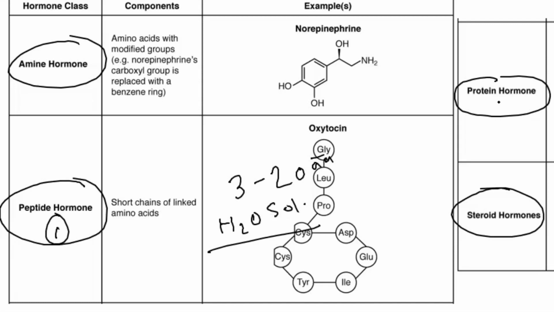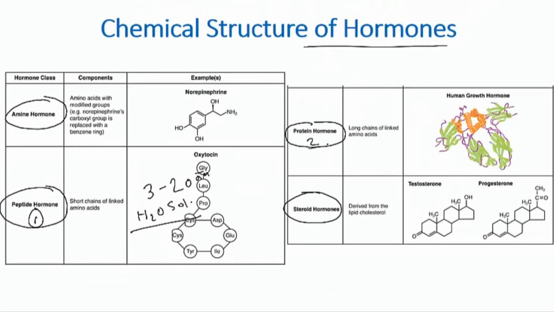And if you look at the protein hormones, these are very similar to the peptide hormones, but the difference is that in the case of protein hormones, we have a larger chain of amino acids. In peptide hormones, we talk about 3 to 20. If it has more than 20, 25, 30, 50 amino acids, those are known as protein hormones. Otherwise, the composition and their properties are more or less the same.